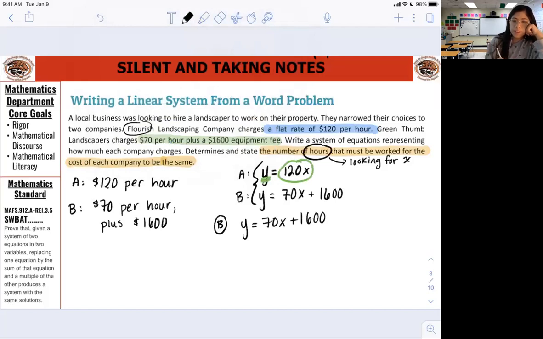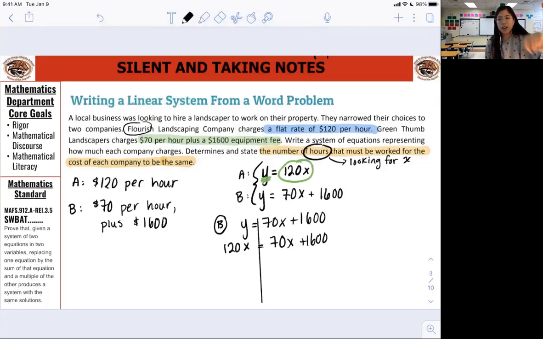Well, I'm just going to replace that y with 120x. That's all I'm doing. Now I can solve for x. So all of this is what you would be writing down. You don't need to write all the words from the word problem, but definitely the work that we're doing.